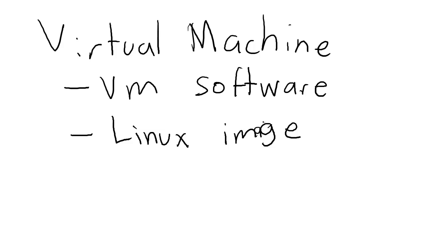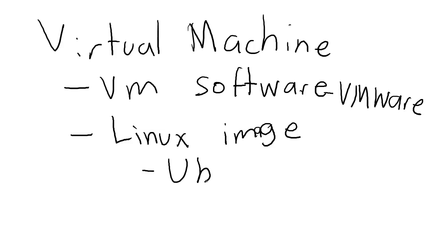Those are the only two things you need, and they're quite easy to find. So the virtualization software we're going to be using is called VMware. This is a popular virtualization software, and it's actually used in quite a few companies and on servers as well for server virtualization. The Linux image we'll be using, or distribution, is called Ubuntu Linux.